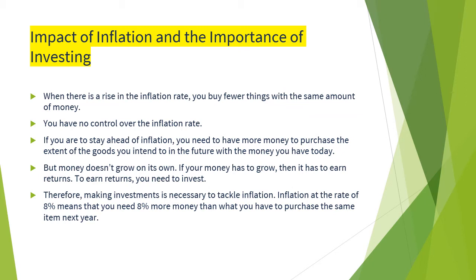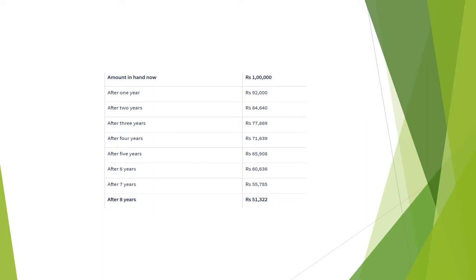So inflation at the rate of 8% means you need 8% more money than what you have to purchase the same item next year. So this I explained just before. This table shows the effect on 1 lakh rupees if the current rate of inflation is 8%. That means this year's 1 lakh is next year's 92,000. This year's 1 lakh is after 2 years 84,640.